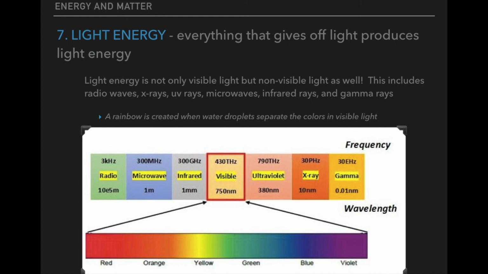You can see when we move to the right, ultraviolet, X-ray, and gamma, it's getting smaller. You can see nanometers. A nanometer is very, very tiny, so it's getting tinier and tinier. If we go to the left of visible light, 1 meter you can see is larger than 1 millimeter. So the size impacts perhaps the color of the wavelength and or the colors of visible light.